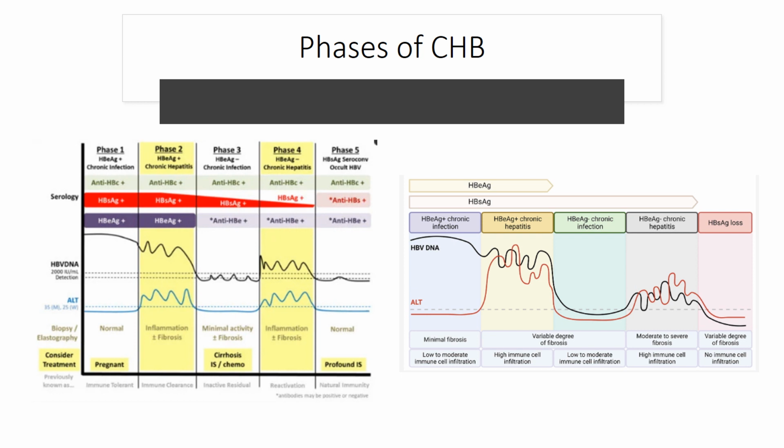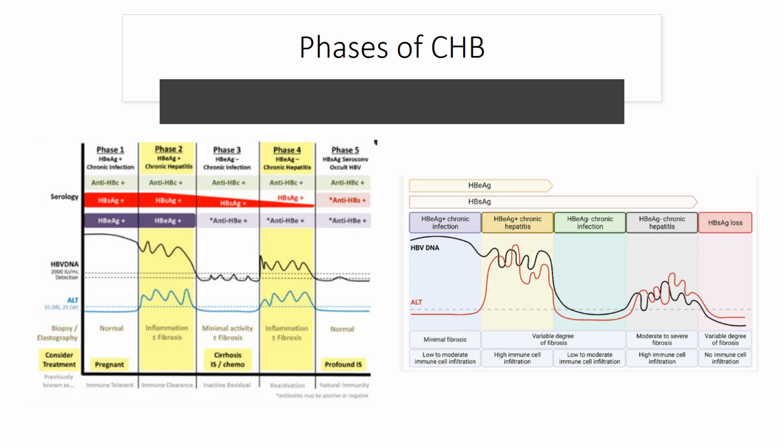These patients are classified into clinical phases: hepatitis B E antigen positive chronic infection, hepatitis B E antigen positive chronic hepatitis, hepatitis B E antigen negative chronic infection, hepatitis B E antigen negative chronic hepatitis, and hepatitis B surface antigen loss phase.